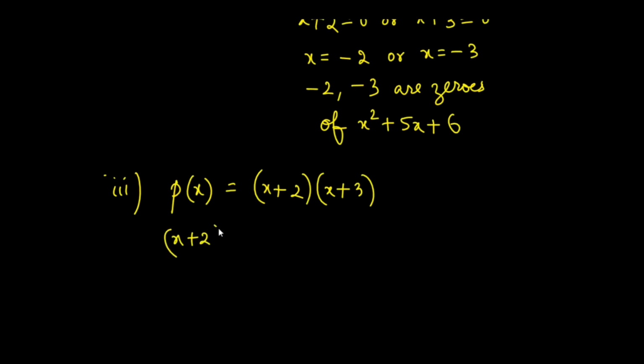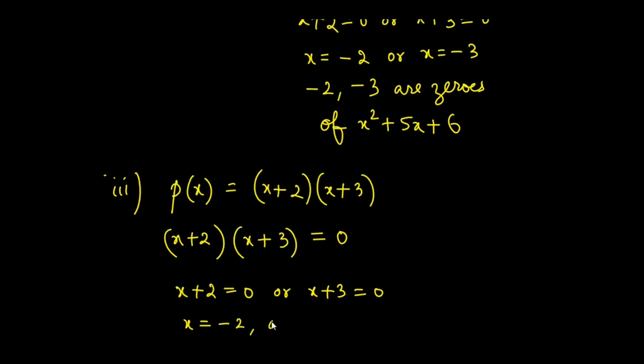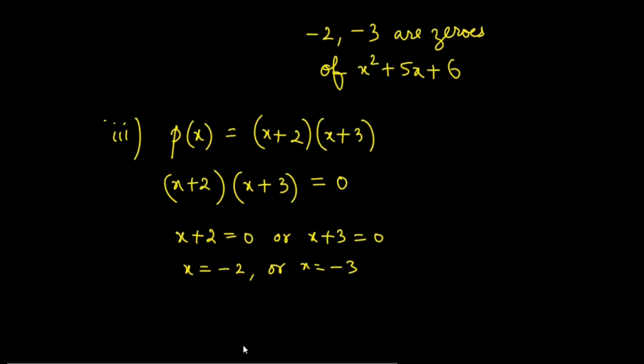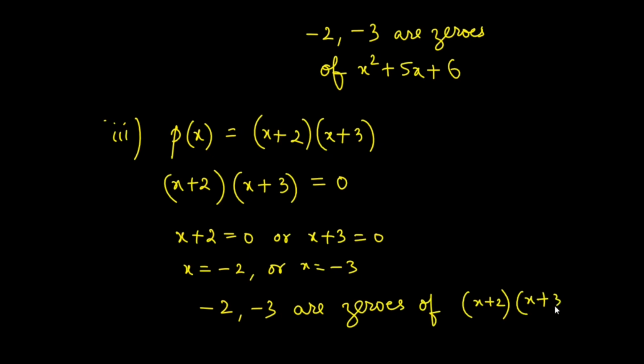So x plus 2 into x plus 3 is equal to 0. So we get x plus 2 is equal to 0 or x plus 3 is equal to 0. So x is equal to minus 2 or x is equal to minus 3. So minus 2 and minus 3 are zeros of x plus 2 into x plus 3.